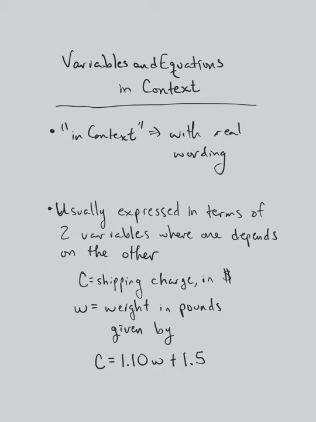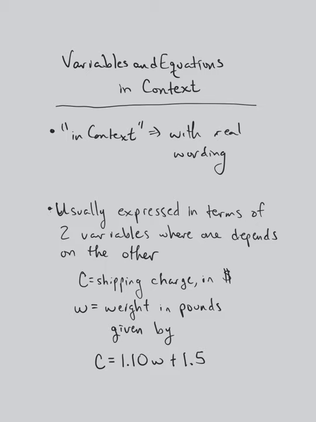This is just an example of me stressing this idea of two variables. Remember, C is the charge, and the word equals translates to is, so you can translate backwards to understand this: C equals 1.10 times W plus 1.5.